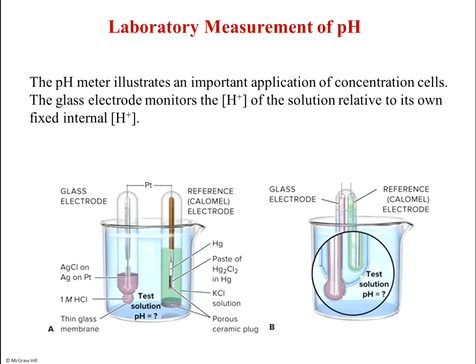And what happens is at that barrier you create a slight voltage as hydrogen ions can diffuse into or out of either the glass membrane or the solid state crystal. And as it does this, it creates a voltage, and the voltage can be measured, and that voltage is related to the pH of the cell. This is the basis of the pH electrode.